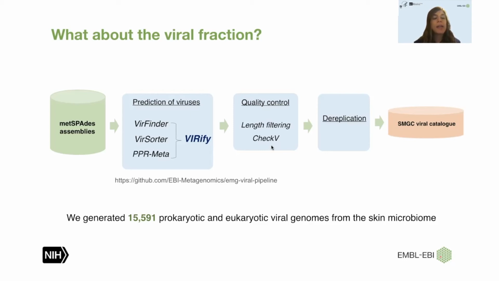So I clustered the SMGC viral catalog, and I ended up with a set of 15,591 prokaryotic and eukaryotic viral genomes.